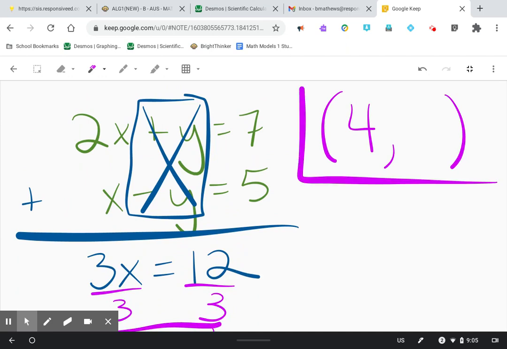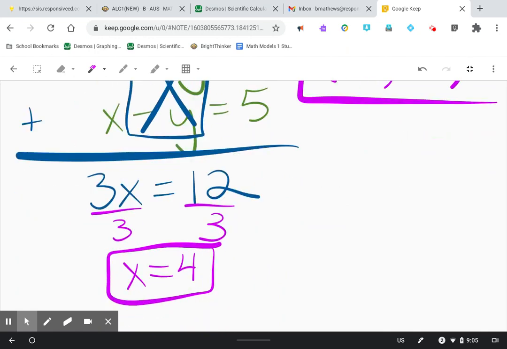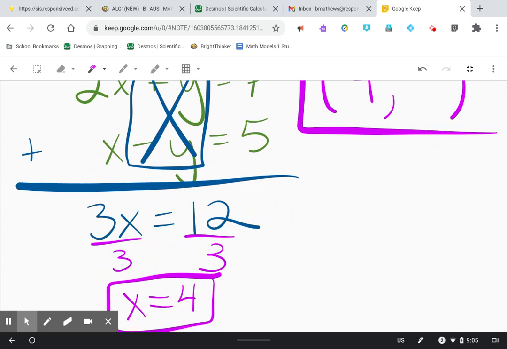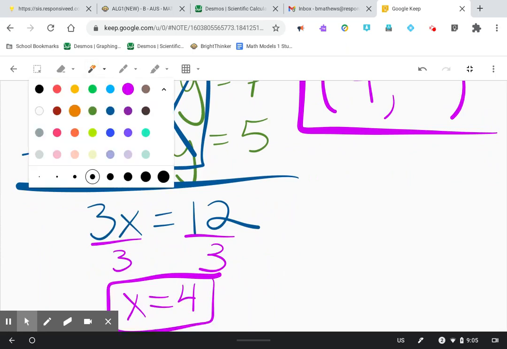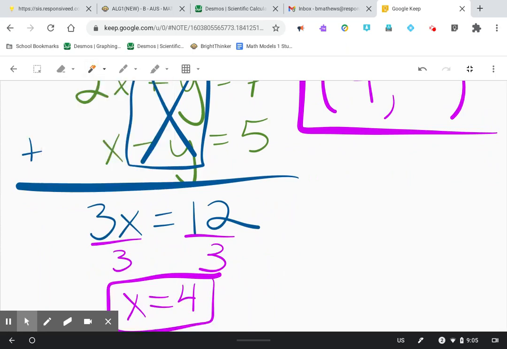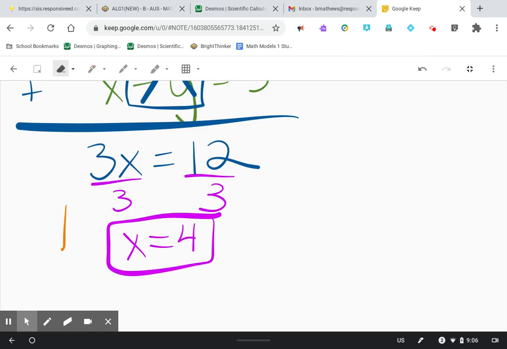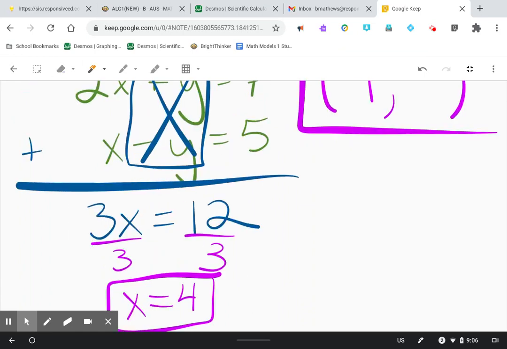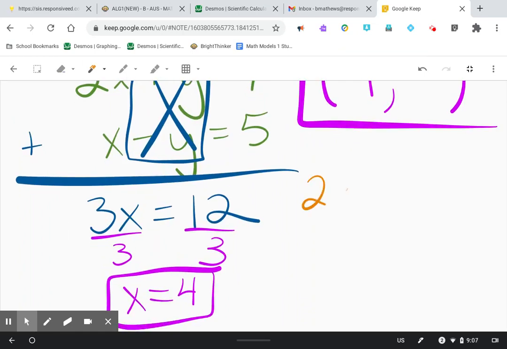So once I'm done with step 1, which is to combine, then I solve for the variable, and then all I have to do is take that and put it back into the original equation. So then all I have to do is take that original equation, 2x plus y equals 7, and plug in this for the x.